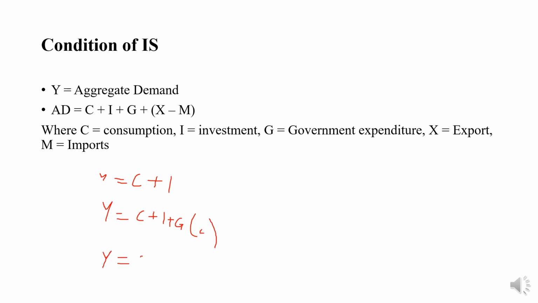So in the equation we include C plus I plus G plus X minus M, export minus import. This is about an open economy, because we include the trading sector or the foreign sector.